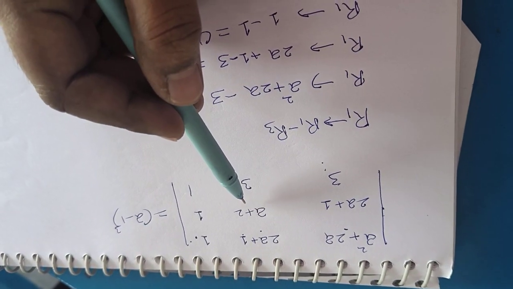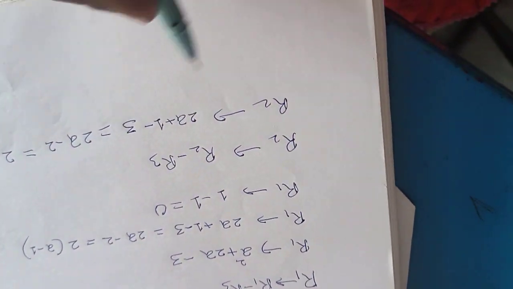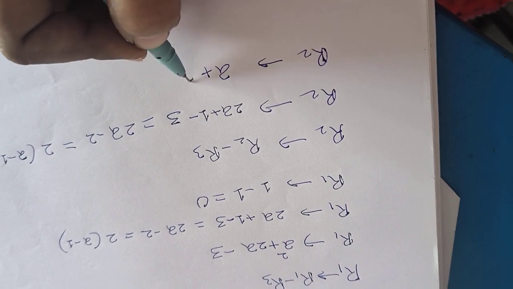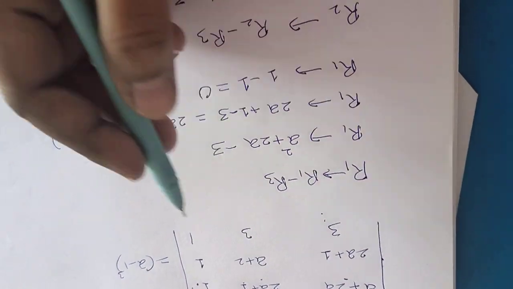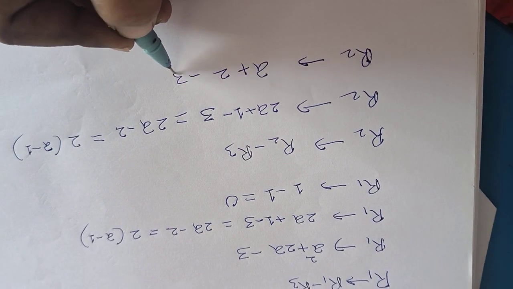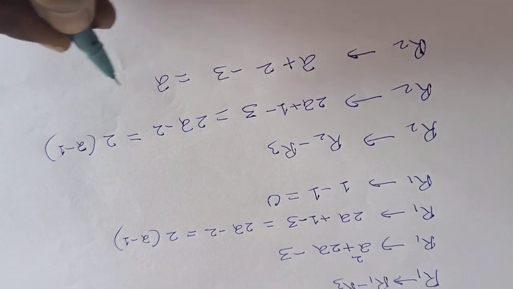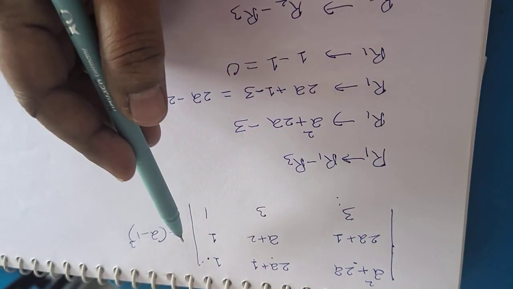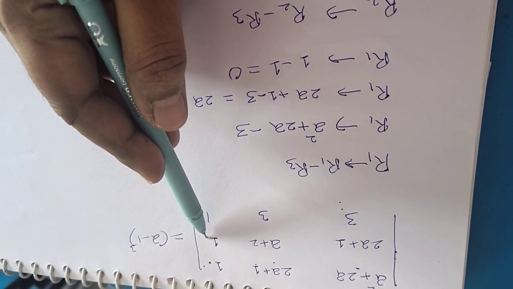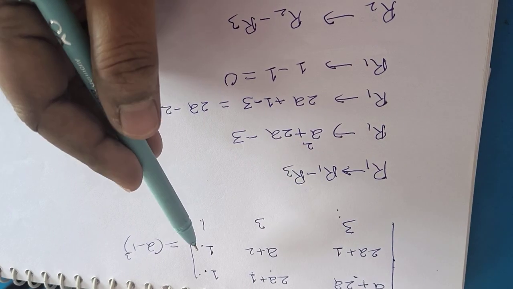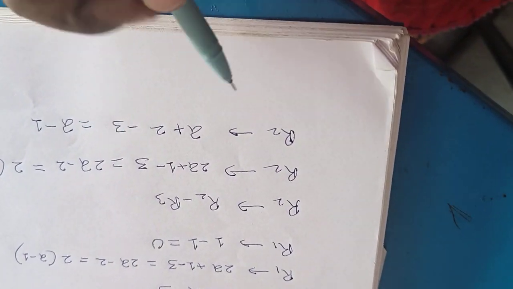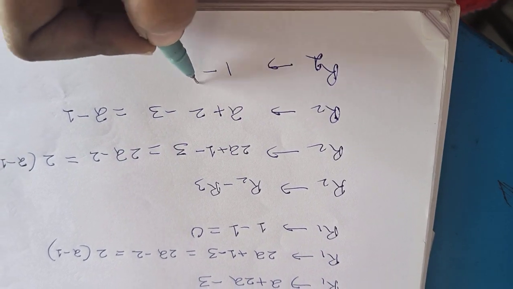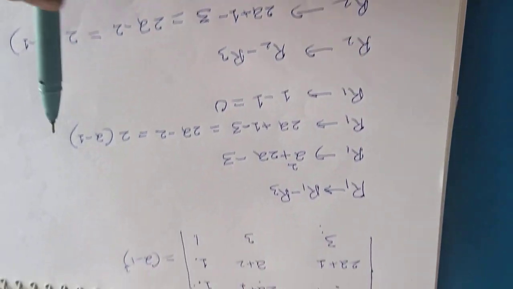Now R2 second term is a + 2, R3 second term is 3, so a + 2 − 3 is a − 1. Next, R2 third term 1, R3 third term 1, 1 minus 1 is 0.